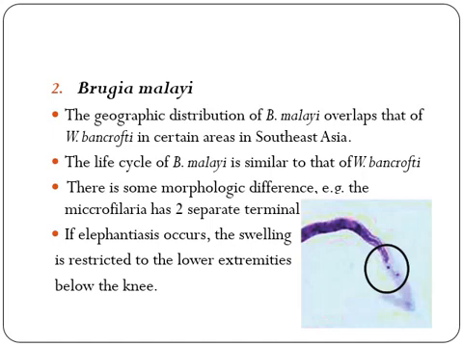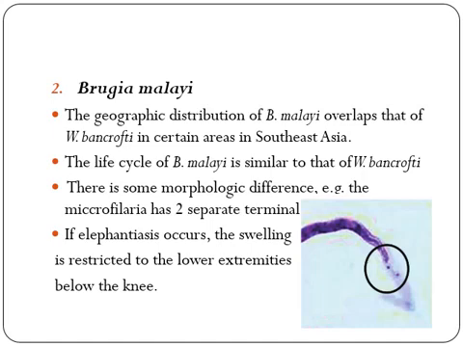It has a life cycle similar to that of Wuchereria bancrofti. The morphology is somewhat different. We must see that the microfilaria has two single nuclei in its posterior end, but the outcome of Brugia malayi regarding elephantiasis is different also from that of Wuchereria bancrofti.